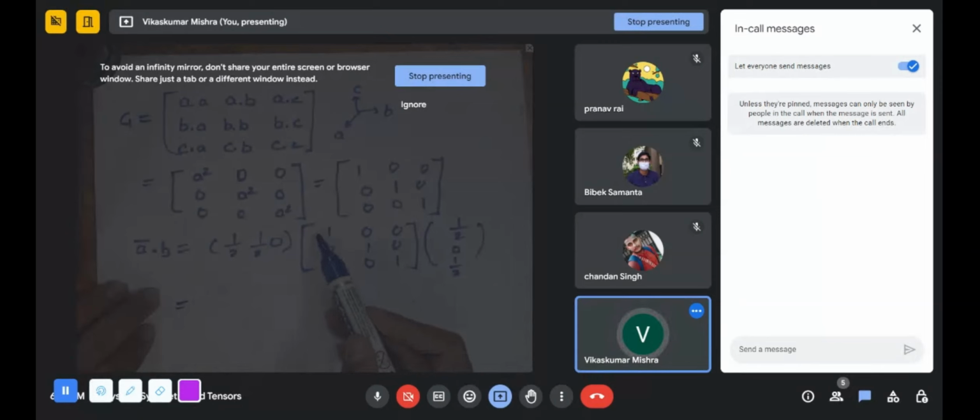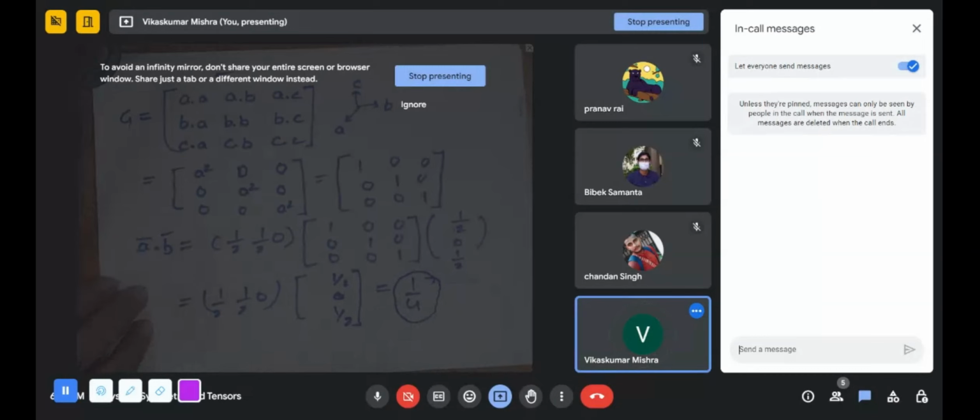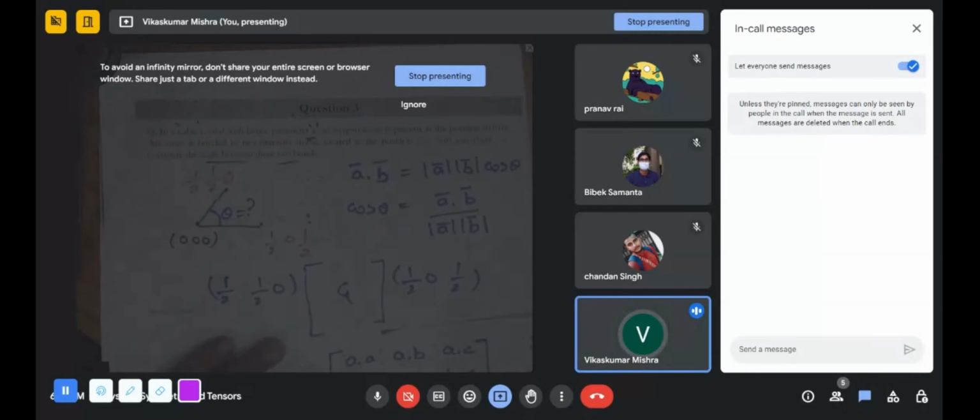Multiplying this row with this column, we get 1/2 from the first term, the remaining terms are 0, and the last term is again 1/2 times 0. So half multiplied by half is 1 by 4, and the other terms are 0. We got A dot B to be 1 by 4. So the upper part is clear. That's how we can find A dot B.